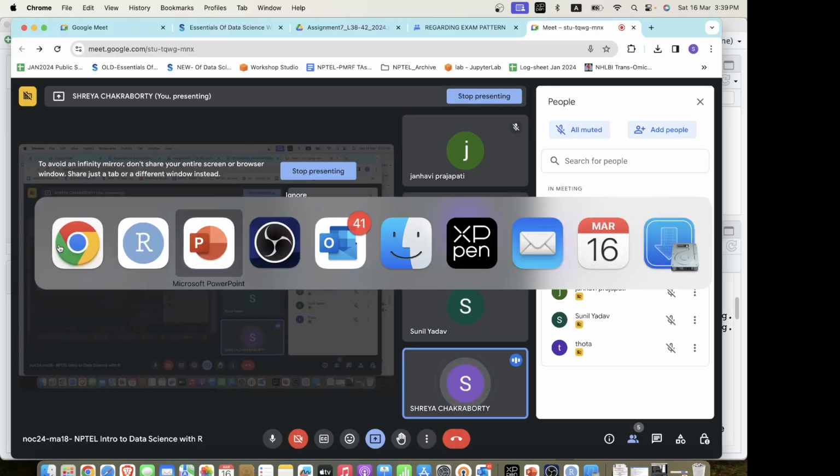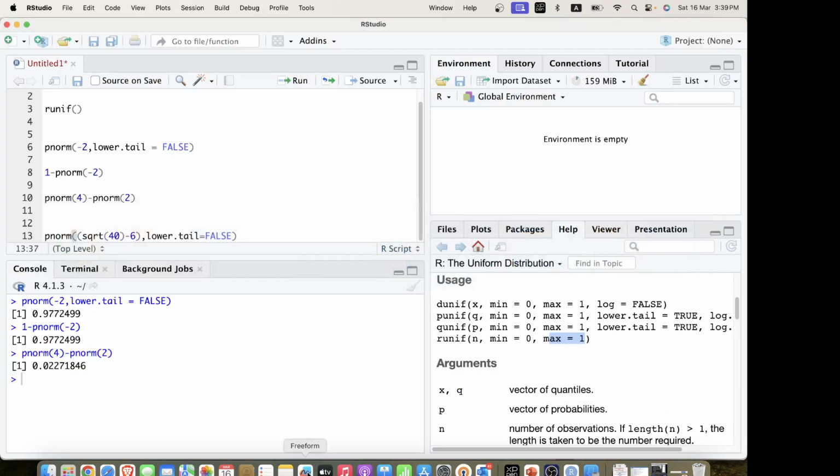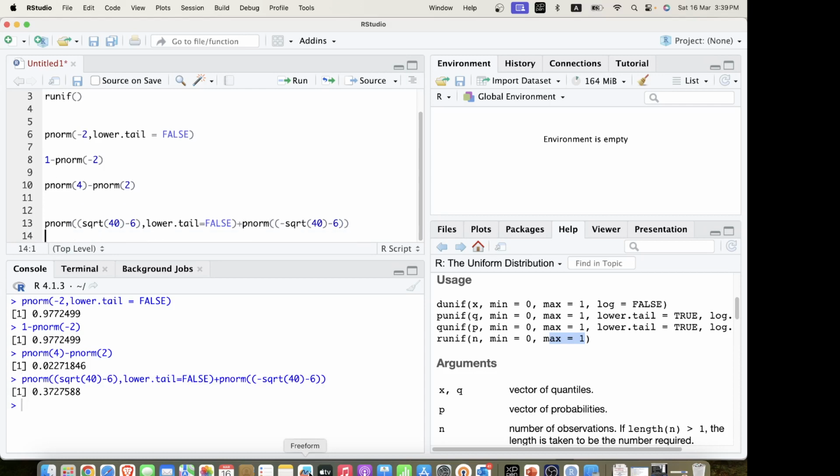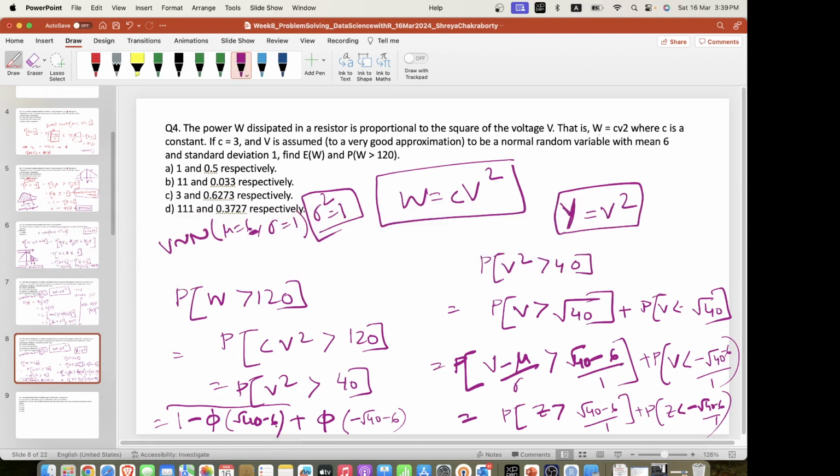So I got the first probability. Now I'm going to write plus p norm of minus square root 40 minus 6. So the answer is 0.372. This is my correct answer.